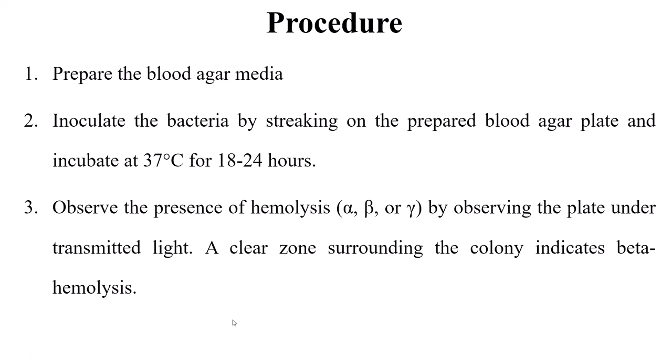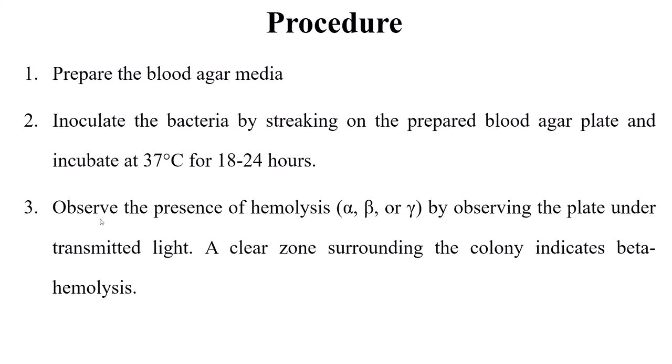The procedure of culturing on blood agar: first of all, we prepare the blood agar media. Then, in the second step, we inoculate by streaking the bacteria that we want to identify on the prepared blood agar, and then we incubate at 37 degrees Celsius for 18 to 24 hours.